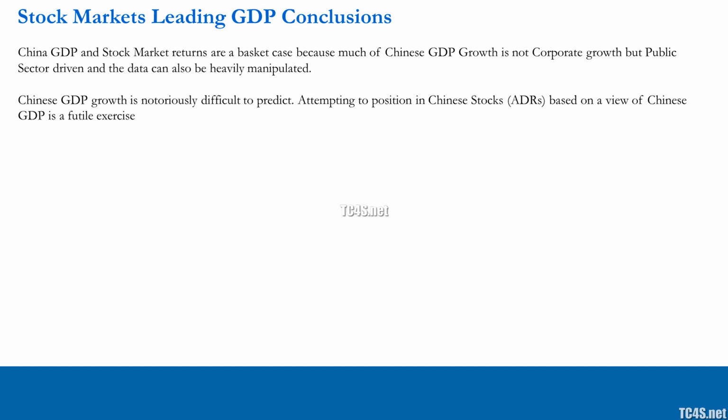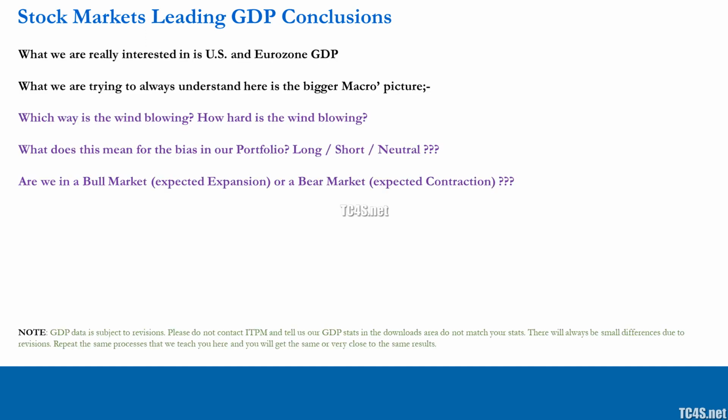We will come on to China much later in the video series, but for now, we just need to understand the data and continue to build our understanding and educational foundation in stock markets leading GDP and looking at them around the world, okay?